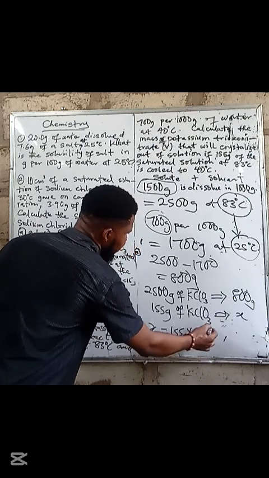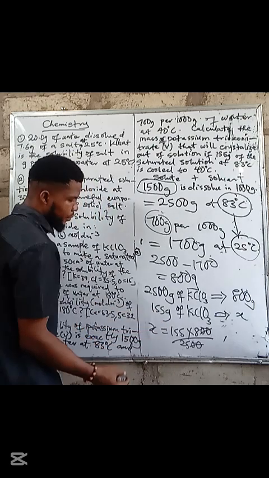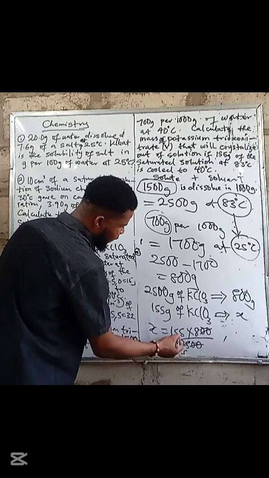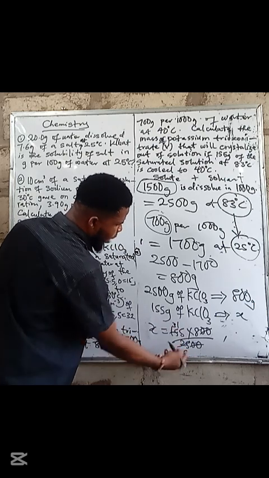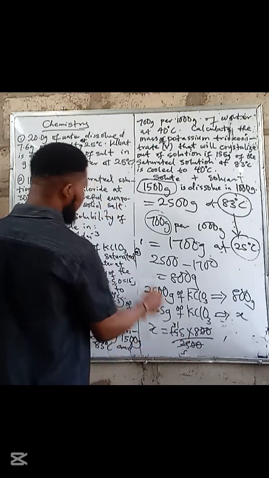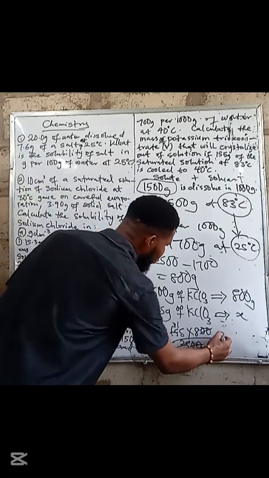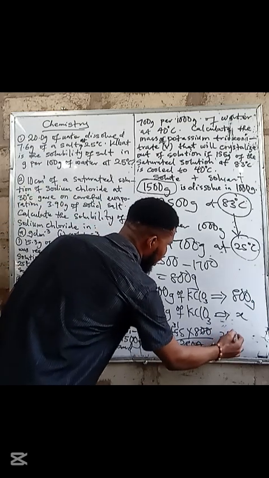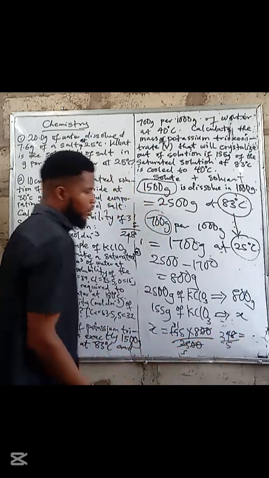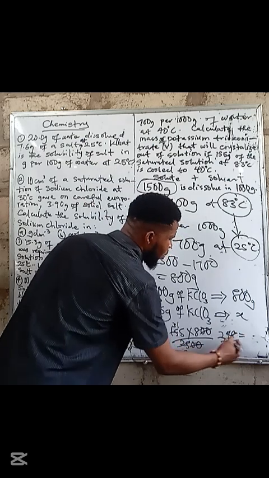Sorry, 155, not 1,500. So this is actually this, alright? 5 into 5, 5 into 3, 5 into 1. We have 5. So, you understand? So, let's multiply this. 1 times 8, that's 8, 24. So we have 248 over 5. 248 over 5, that would be what?